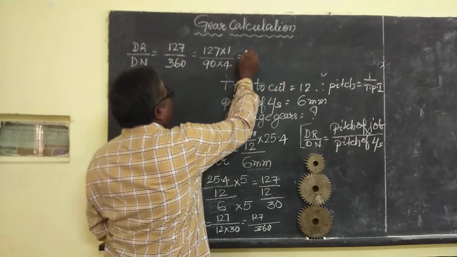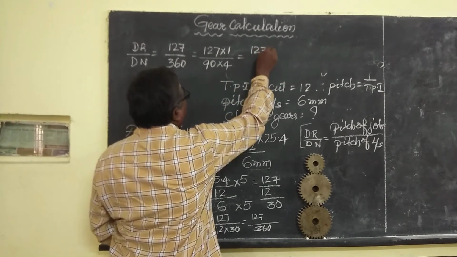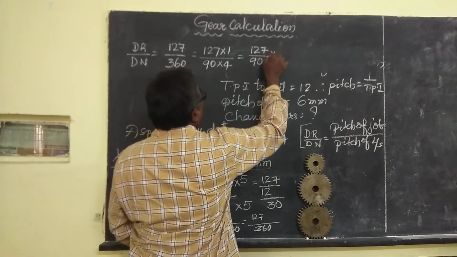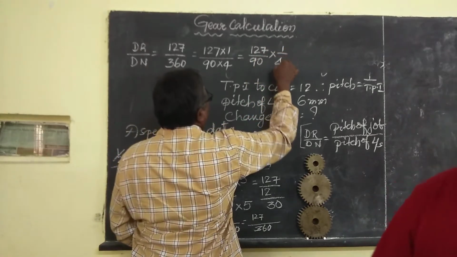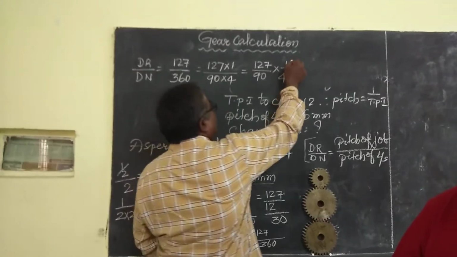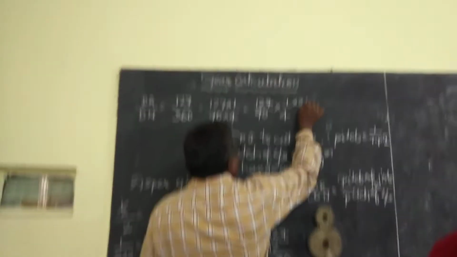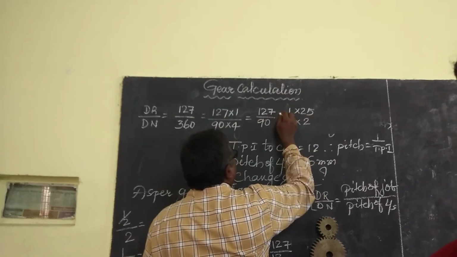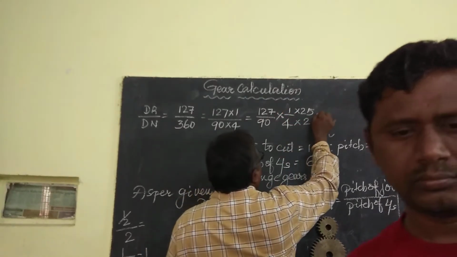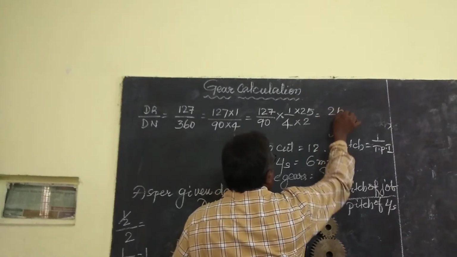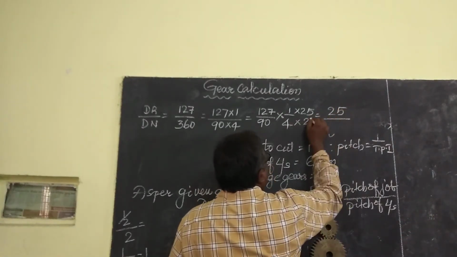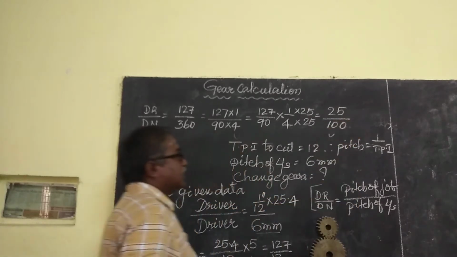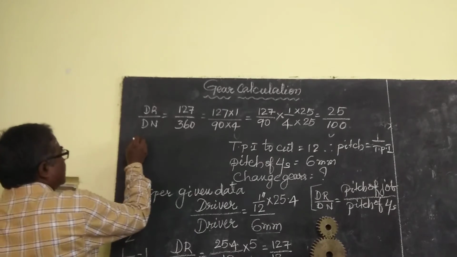Now this is 127 by 90 into 1 by 4. This 1 by 4 is converted into 25 into 25, so we can write it as 25 by 100.